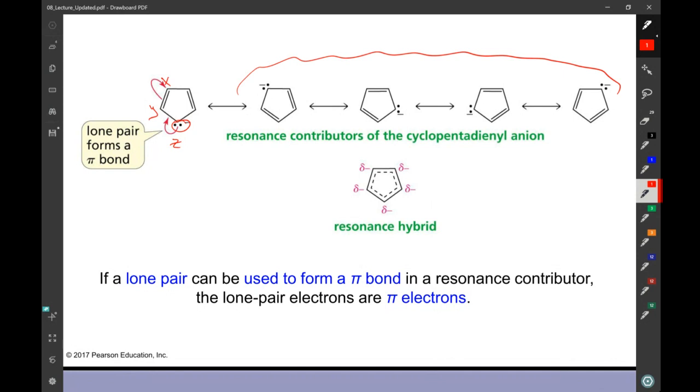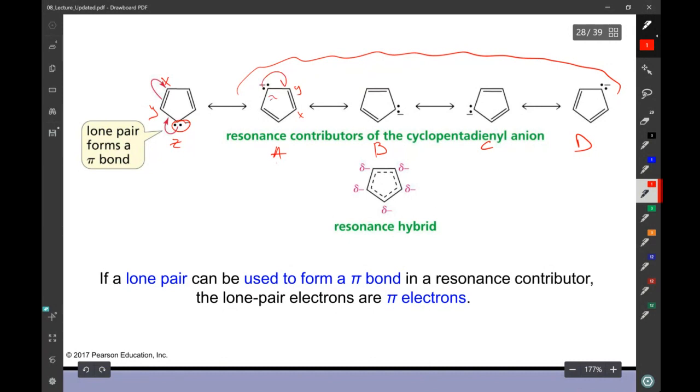Don't just draw the structure to me. Show me the arrows. I want to see how the electrons are moving. For example, in this case, you see they have shown the arrow. Here, if I want to show, let me call this structure A, structure B, structure C, structure D. I want to see the arrow that makes you move from structure A to structure B. And in this case, this is my X, that's my Y, and that's my Z.